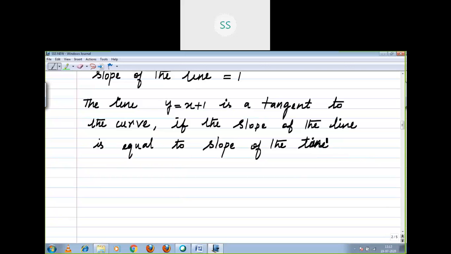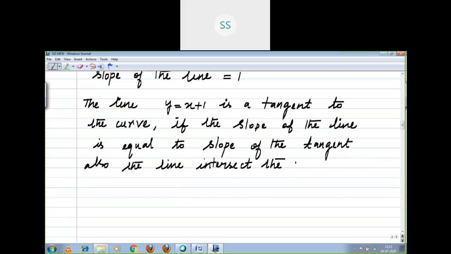Slope of the tangent. That means the line must intersect the curve.